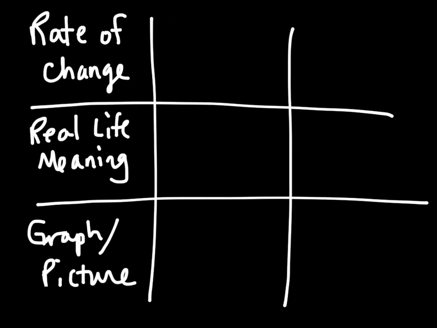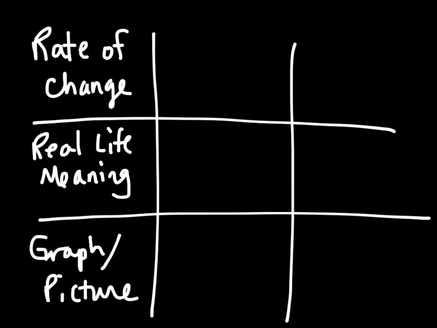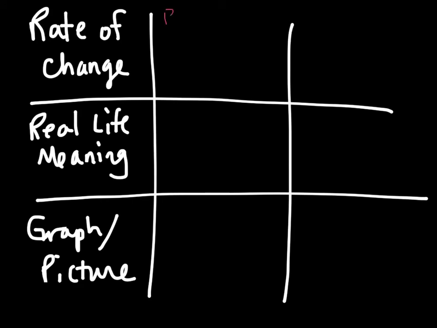Right? Now, when we talk about rates of change, they can either be positive, negative, or 0, no rate of change. So we're going to do our chart and we're going to fill in. We're going to do the first column for a positive rate of change. We're going to do the second column for a negative rate of change, and then 0 I'll do on the next page.